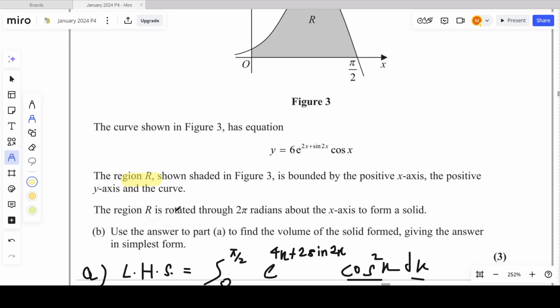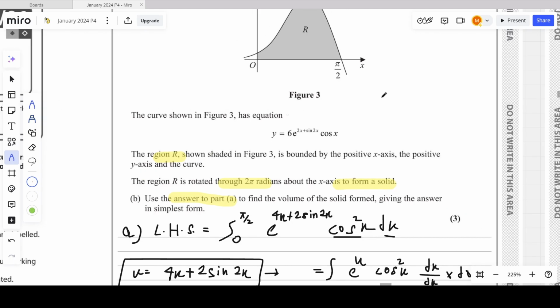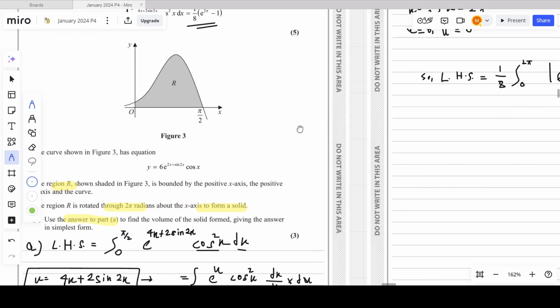The region R is rotated through 2 pi radians about the x-axis to form a solid. That is a volume of revolution, so we need to find the volume. The question asks, in the simplest form, to find the volume of revolution. The hint is that you need to use your answer to part A. So let's see how we can use our answer to part A.